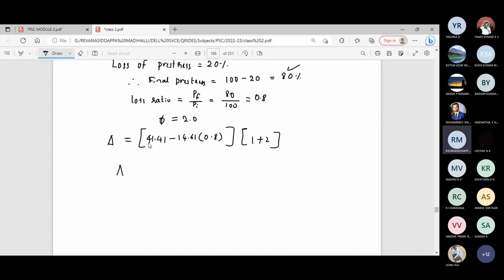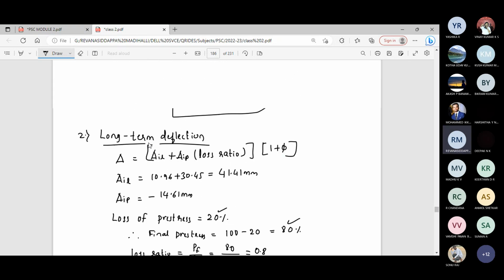By this we get the long-term deflection. If we calculate, it is 89.166 millimeter. Plus sign represents the deflection is in downward direction.